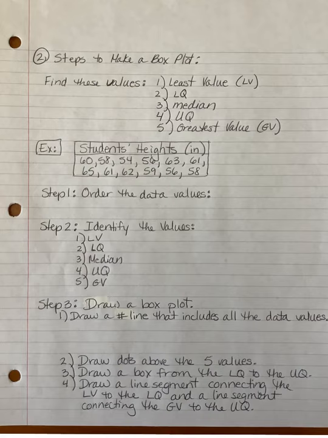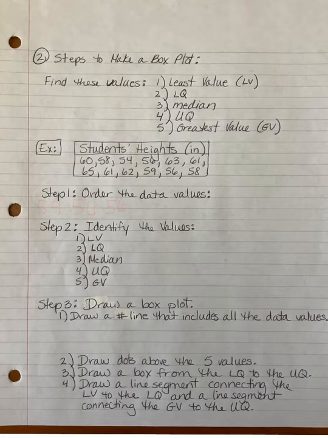In this case, the least value is 54, so we'll start with 54. Then 56, and 56 again, because I write it as many times as it shows up. Since it's in my chart twice, I put it in my order twice.